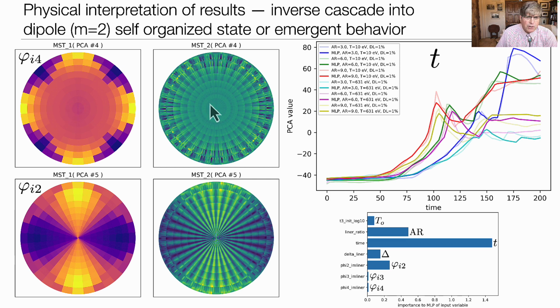And the same is shown in the second order spectrum. And so what's happening here is that there's an inverse cascade of energy from the m equal 4 into the m equal 2, leading to that dumbbell shape or that self-organization at a larger scale.